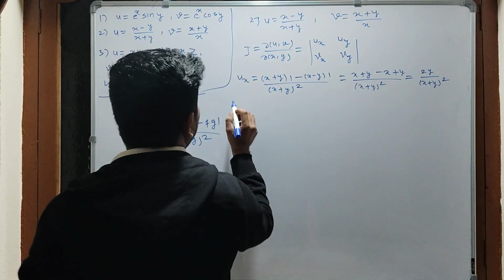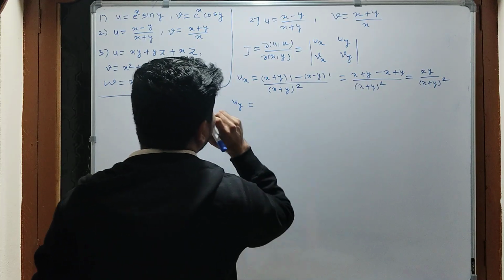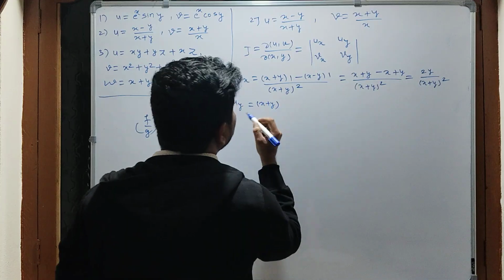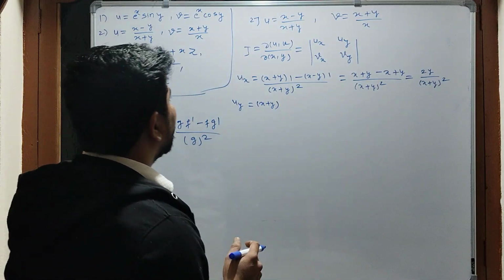Now I want to find u_y. In the same way, denominator as it is, x plus y as it is, times the derivative of the numerator with respect to y.